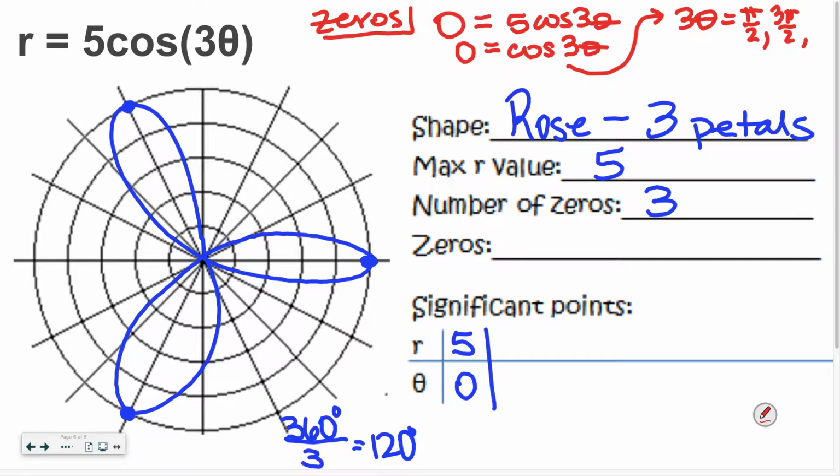If we keep rotating, cosine is 0 at pi over 2, we rotate down to 3 pi over 2, and we would rotate up to 5 pi over 2. Then, to solve for theta, we divide by 3. So our zeros occur at pi over 6, 3 pi over 2 divided by 3 is pi over 2, and 5 pi over 2 divided by 3 is 5 pi over 6.